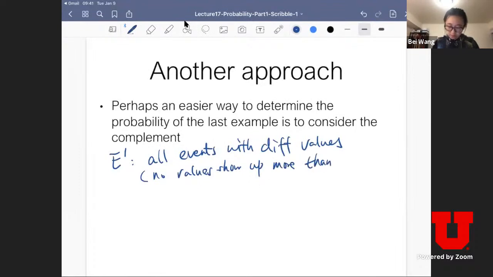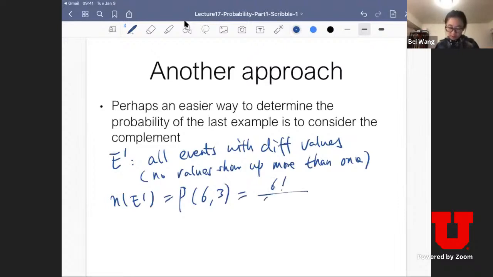So now I need to look at what the possible cases are. So n of E prime is going to be, I have 6 possible numbers, and I choose 3 of them to show up in a unique way. So that's 6 factorial over 6 minus 3 factorial, which is 6 factorial over 3 factorial, which is 6 times 5 times 4, equal to 120.